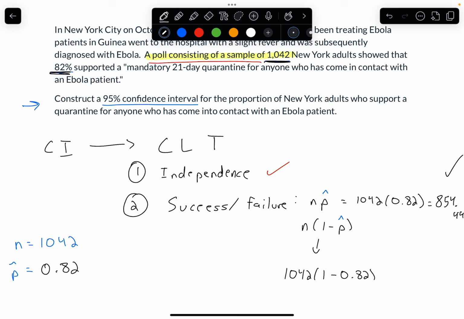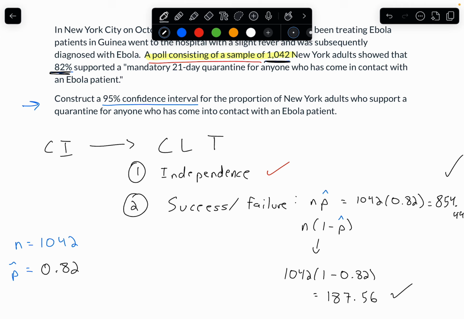Again, I'm going to grab my calculator really quickly. 1,042 times 1 minus 0.82 gives me 187.56, which is greater than or equal to 10. We have met the success-failure condition for our central limit theorem. So that's good news. That allows me to continue on with this problem.